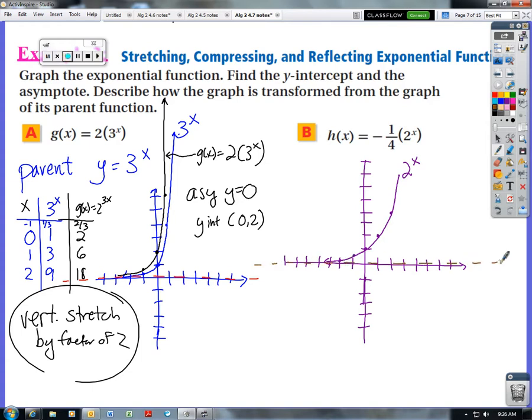Okay, please start by graphing the parent. Then identify the transformation. So on this one, there's 2 transformations. There's a negative out front, so that's going to be a reflection. And when it's out front, it's going to be a reflection over the x-axis.